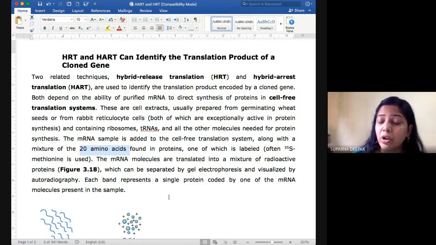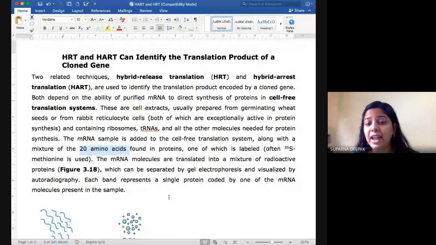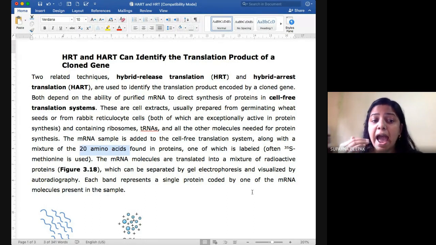The mRNA molecules will be translated, and the amino acids will be incorporated into the proteins which are synthesized. In this incorporation, the labeled amino acid will also be included, so the entire protein will get radiolabeled.